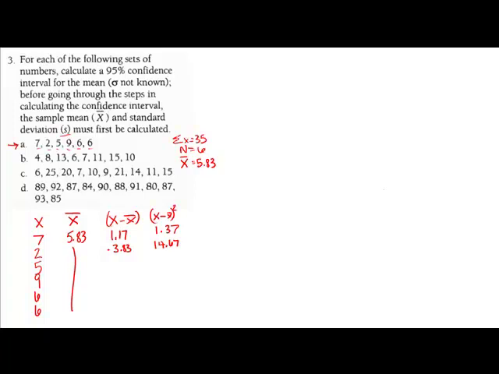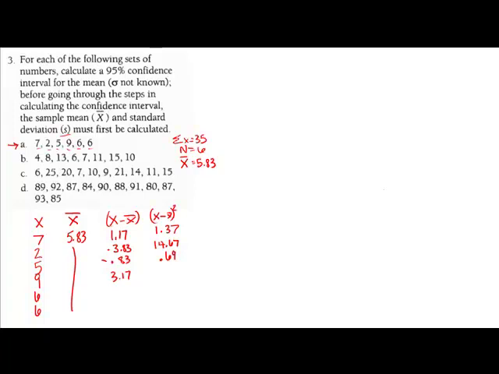5 minus 5.83 should be a negative 0.83. Squared is a positive 6.889. Let's call that a positive 6.9. 9 minus 5.83 is 3.17.